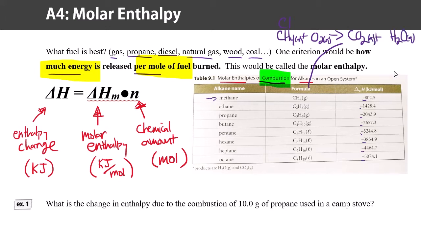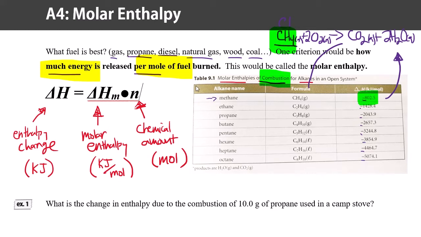Carbon dioxide is a gas too. And my coefficients here are 1, 1, 2, and 2. So this molar enthalpy is the molar enthalpy for this reaction. Every time 1 mole of methane is burned here, this is the amount of energy that's released.